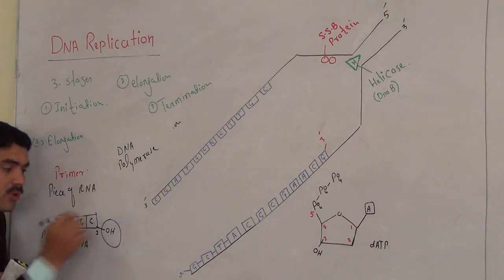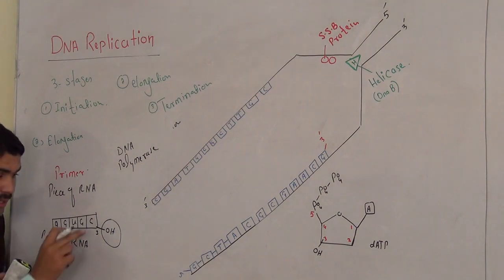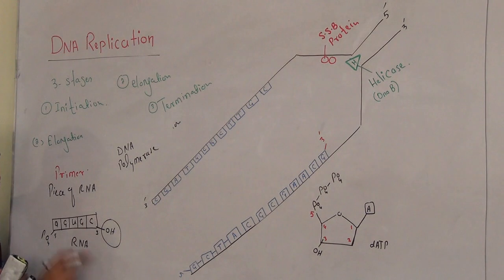This is the most important thing to tell you, that at the third carbon there is a free OH. So this small piece, according to some books, 50 to 150 nucleotides, is called a primer. And who makes this primer?